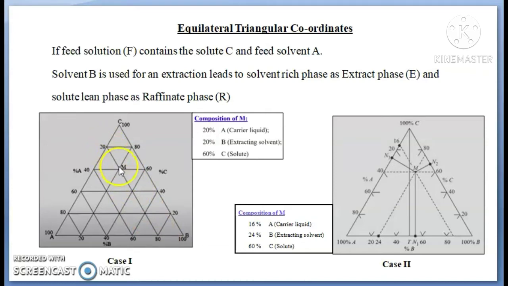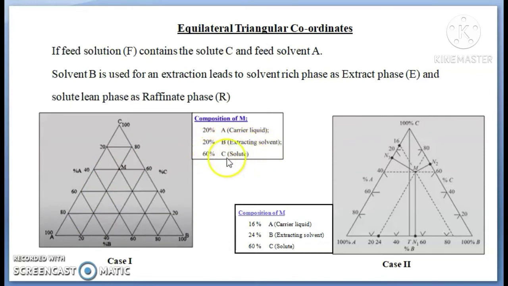Whereas if you see the 100% B here, and these inclined lines indicate 80% of B, then 60% of B, similarly it goes on decreasing, 40% of B, whereas this is 20% of B, where the point M also lies on the 20% B line. That's why we call it 20% of B.